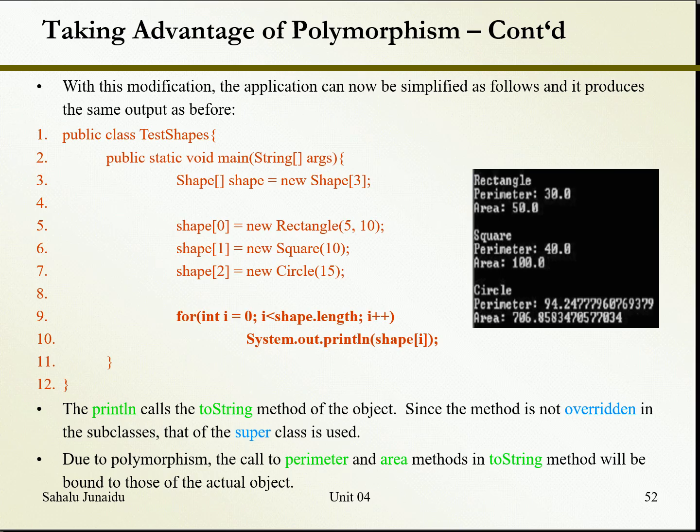At that point, we still have area and perimeter implemented in the subclasses, and the area and perimeter will now be bound to the method calls of the superclass that we have in the toString method.